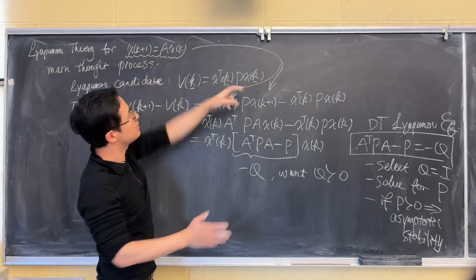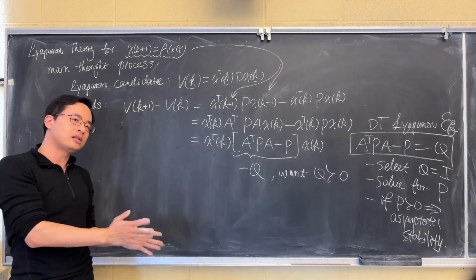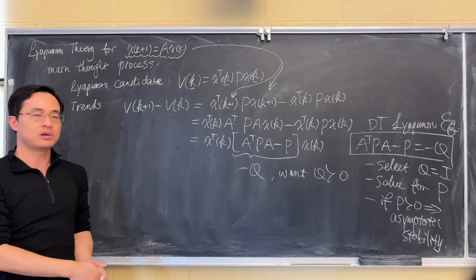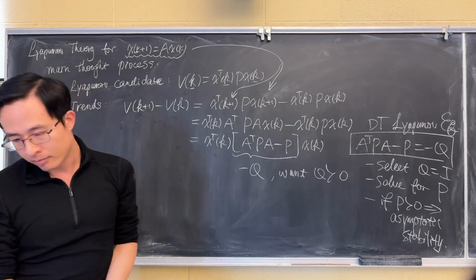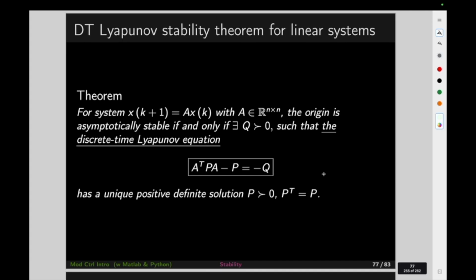Once you do this, it becomes the change along the system dynamics, and that makes the whole difference. And then we have the theorem: for the discrete time system, the origin is asymptotically stable if and only if there exists a positive definite Q such that the Lyapunov equation has a positive definite solution P.